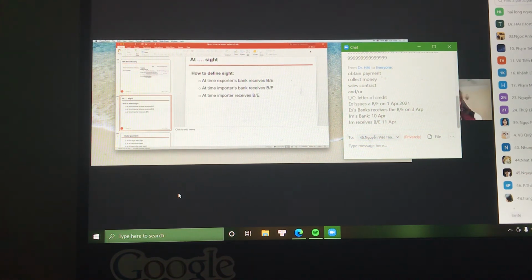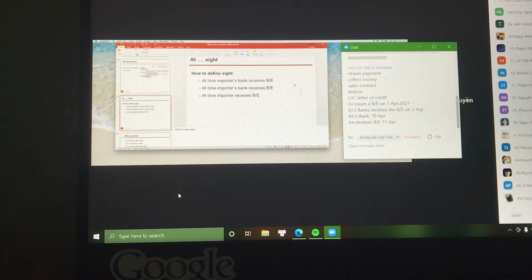Okay, so now please remember, sight time is the time the importer's bank receives the BE. The importer's bank receives the BE. That's why sight time in this case is which one? 1st, 3rd, 10 or 11? 10.